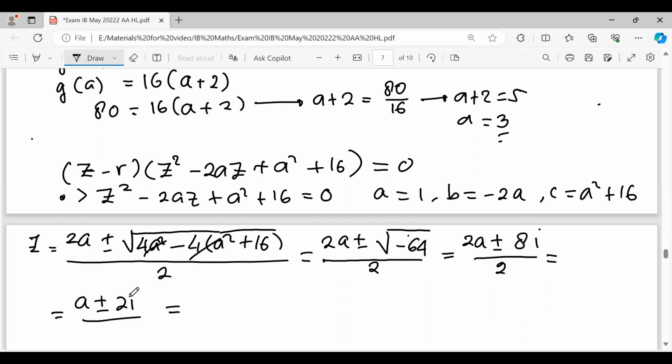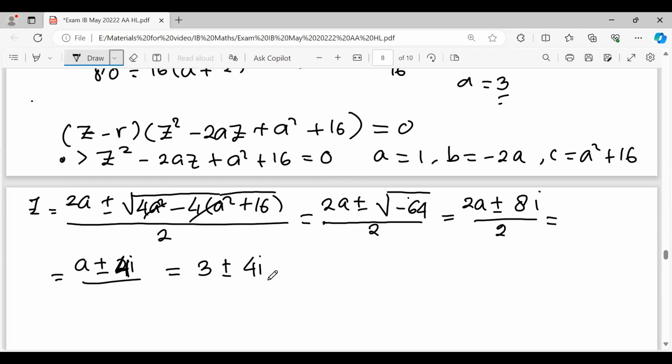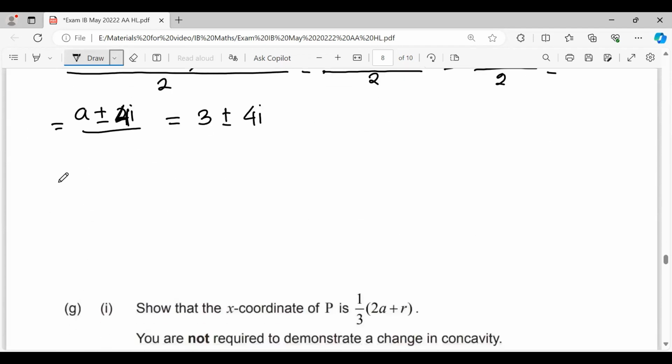So that means this is 4, because 8 divided by 2, it becomes 3 plus minus 4i. Then z minus r equals 0.